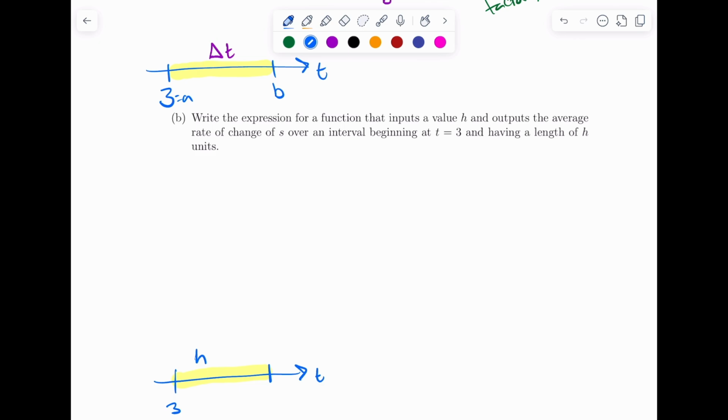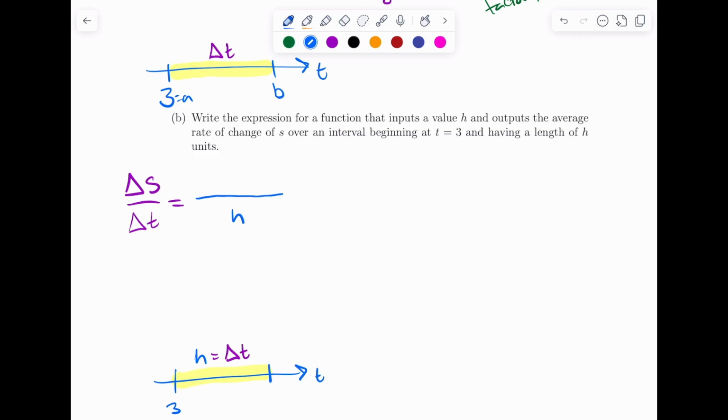So if the length of that interval is h, that is our delta t, the change in the t value from the start to the end of that interval. And the average rate of change really is the same as above. It's a change in s over a change in t. And given what we just said, that change in t is just h. Can you see why that's true?